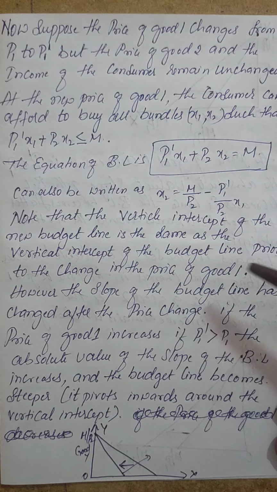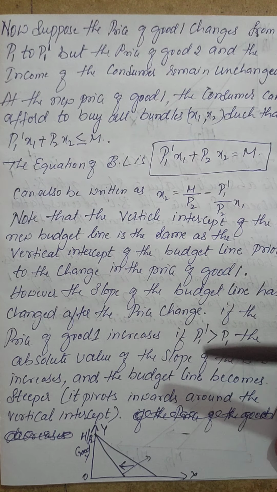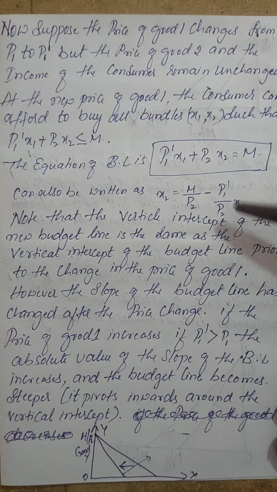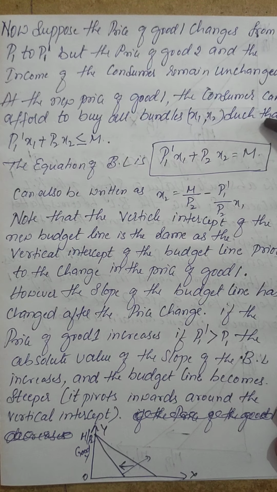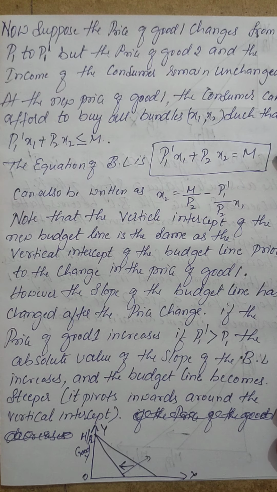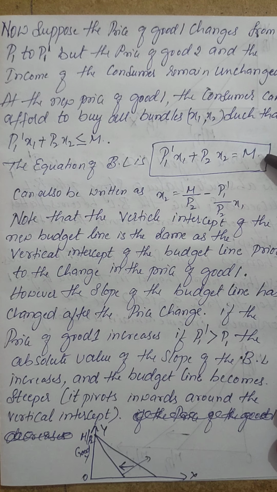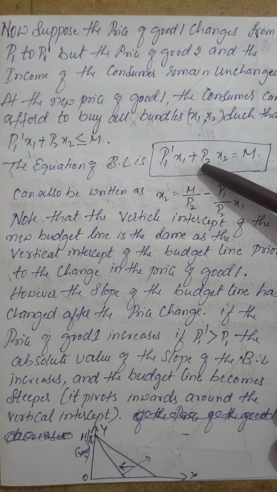Based on that, let us see what happens in the graph also. The budget line equation becomes P1 dash X1 plus P2 X2 is equal to M. That means this price is going to reflect on the second good. How?